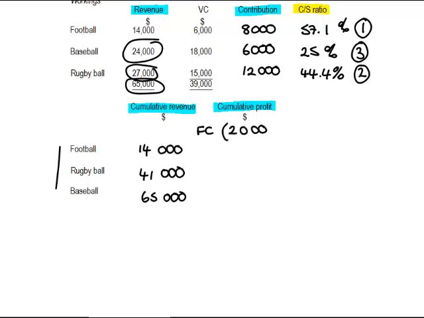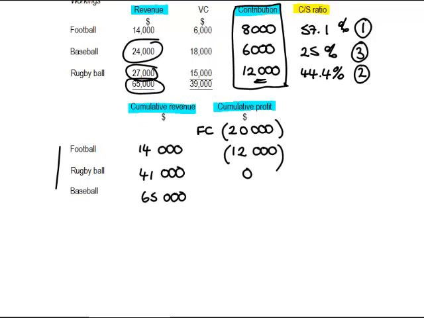And the fixed costs were 20,000. So by the time we've actually sold the footballs, we would have earned 8,000 in contribution. So we'll still be in a situation where we have a loss of 12,000. Once we've sold the rugby balls for 12, that's going to bring us back to 0. And then finally the baseballs are going to bring us into profit of 6,000.